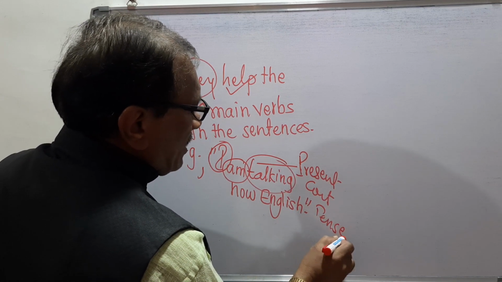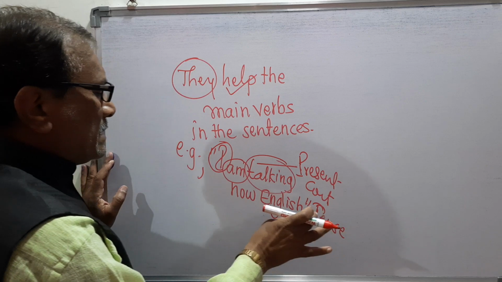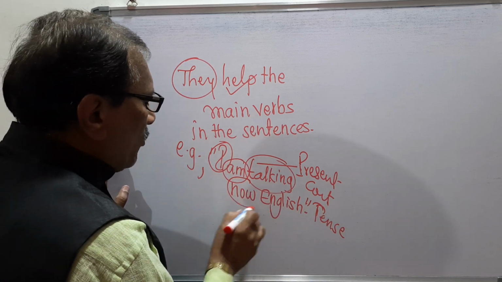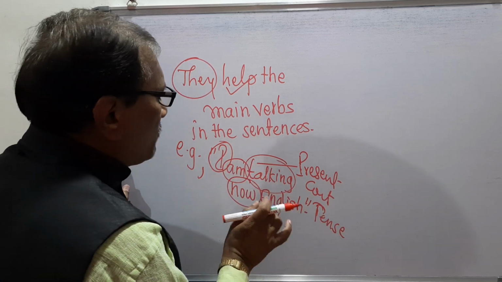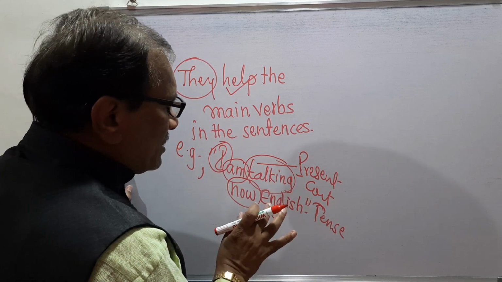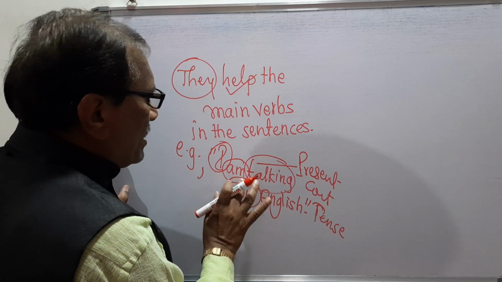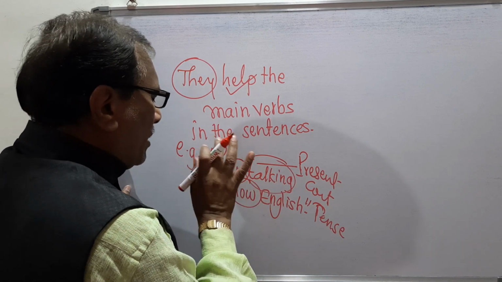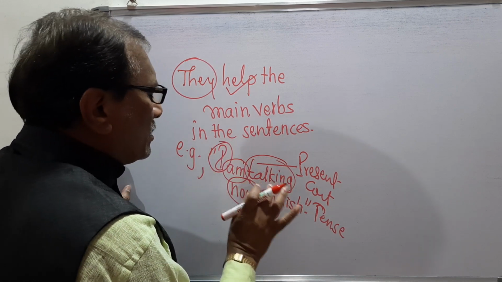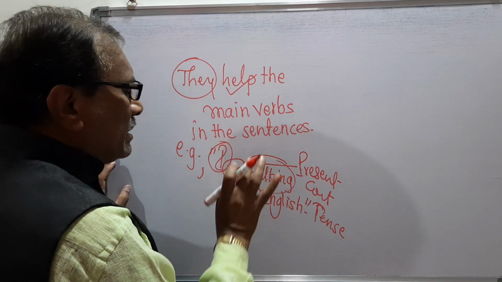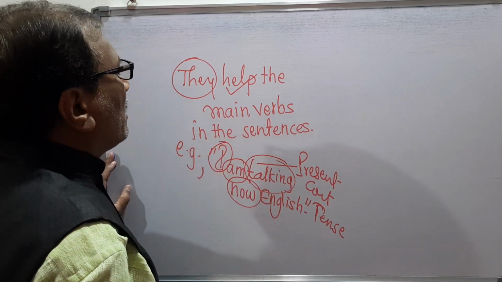And now means at this time, so in this present continuous tense, am is working as the primary helping verb and talking is the main verb, and this sentence is showing the present continuous tense.